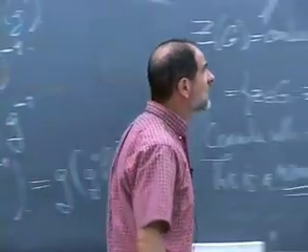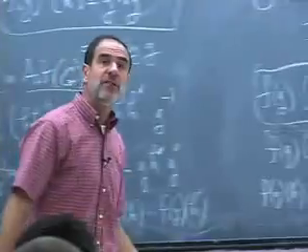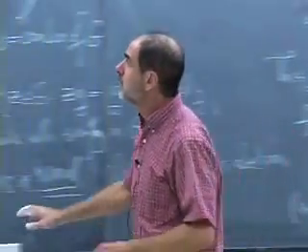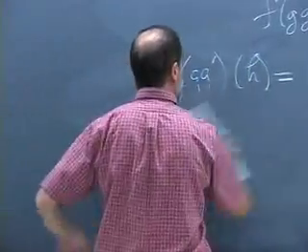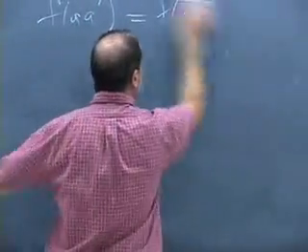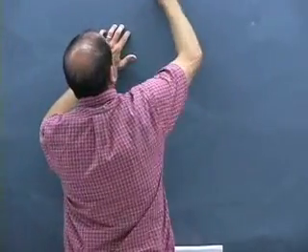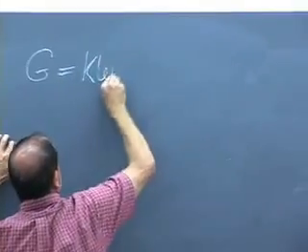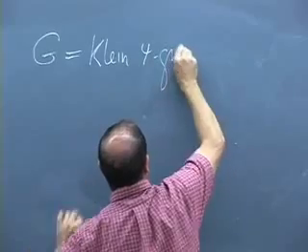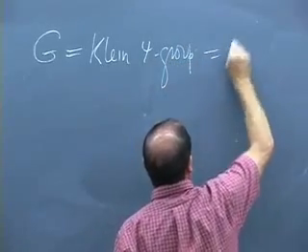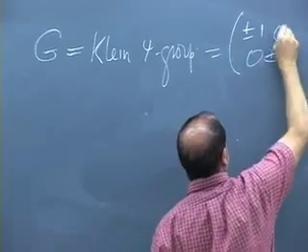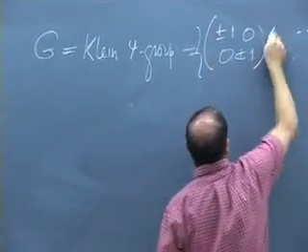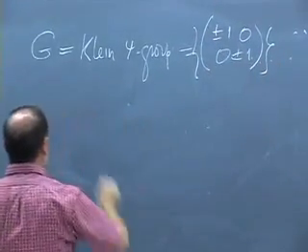Well, let's take a look at a simple type of group and see whether we get all the automorphisms. Let's take a nice group like the Klein 4 group, which Peter exhibited to you as the set of matrices in 2 by 2 matrices that have plus or minus 1s on the diagonal. That group has 4 elements in it.